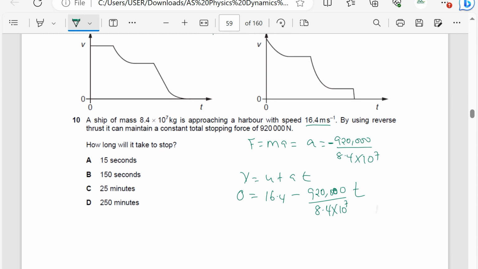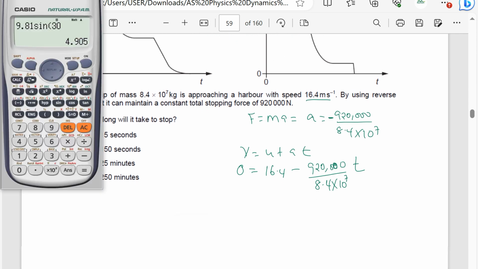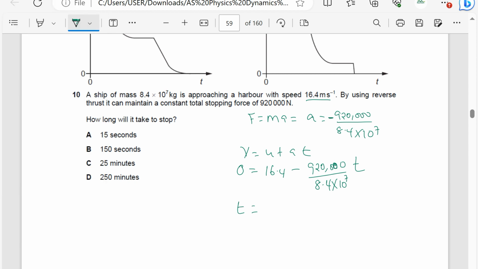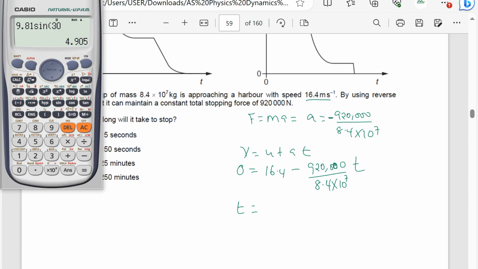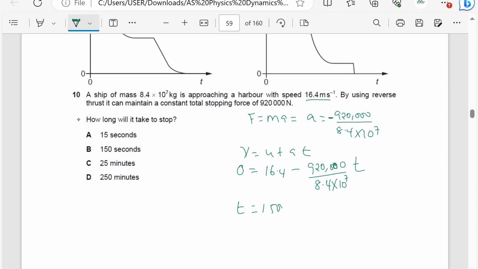I'll just take one quantity to the other side, so t equals 16.4 times 8.4 times 10 power 7 divided by 920,000, which is 1497, or 1500 seconds.